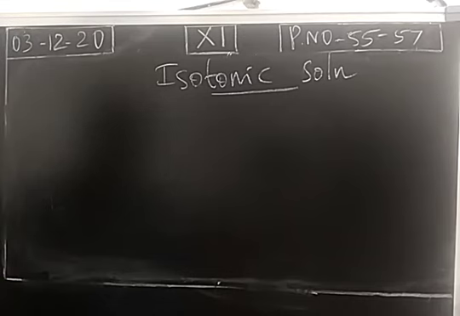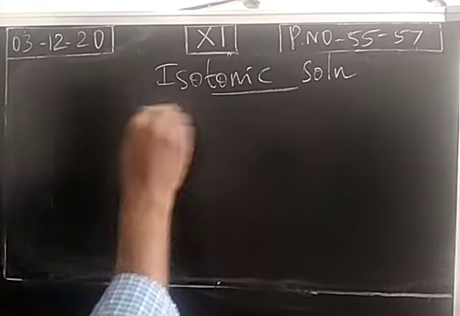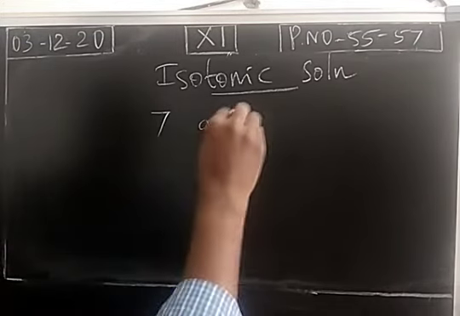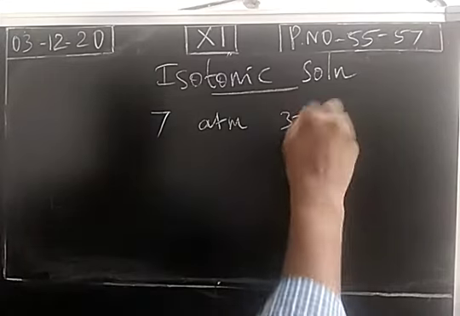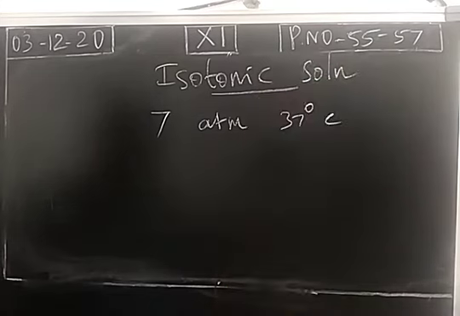Then, one more important point: the osmotic pressure of blood is 7 atmosphere at 37 degrees Celsius, normal body temperature.